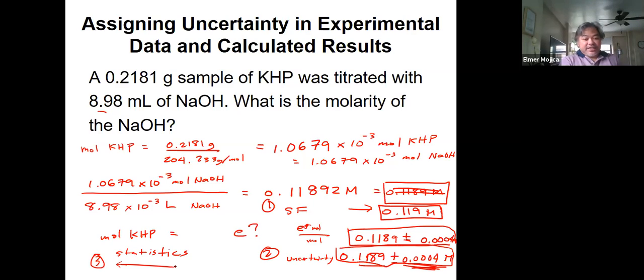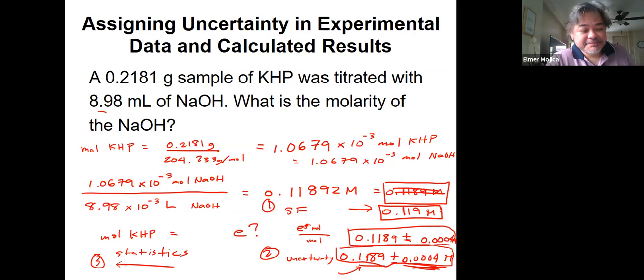Now, what can you say? Significant figures, you end up with this one. Uncertainty, you end up with a more accurate reading. In statistics, you will have the range that would be close to what the uncertainty gave us.